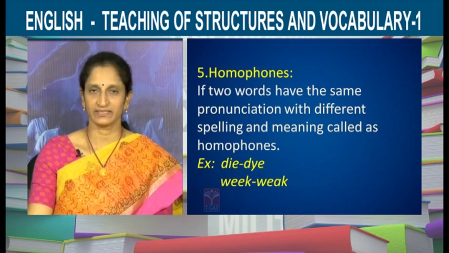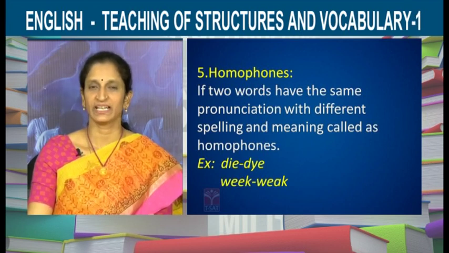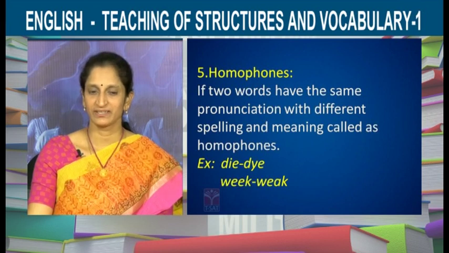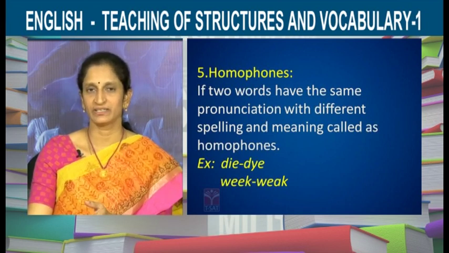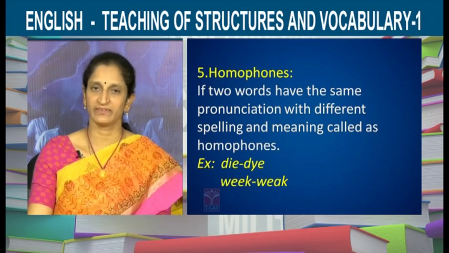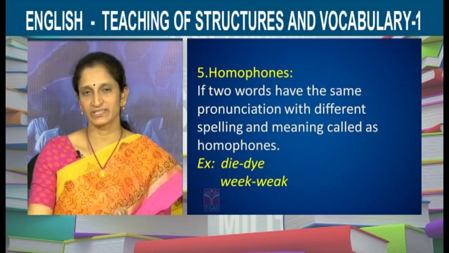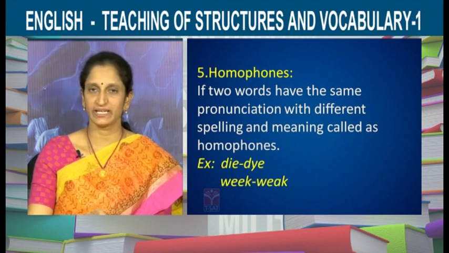Coming to the spelling part, D-I-E is about death, no life. Whereas D-Y-E is dyeing the cloth, dyeing the hair, giving color. The pronunciation is the same but the spelling as well as the meaning is different. Those types of words are called homophones.